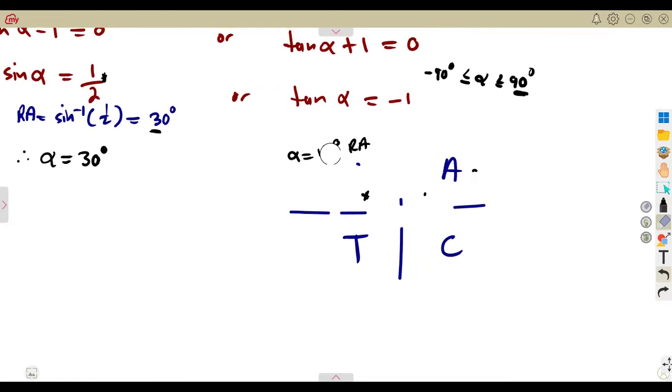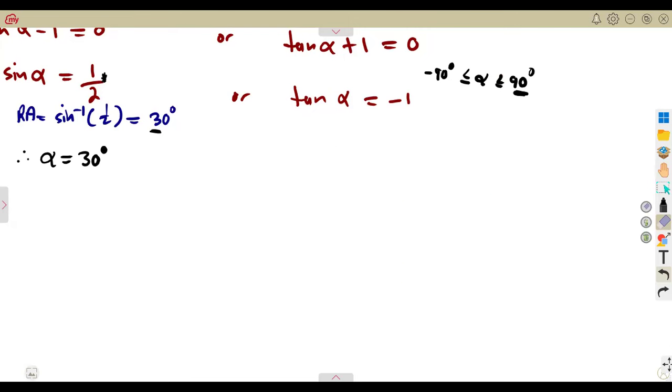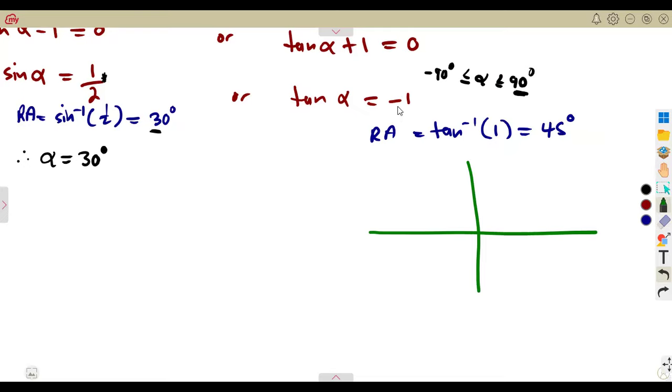The tan that we are given is -1. So the question is, what is our reference angle? Remember the reference angle: ignore the sign, the negative that you're given here. Let's find arctan of 1, which is 45 degrees. The negative, you use it now to tell the quadrant where tan is negative from the CAST diagram.